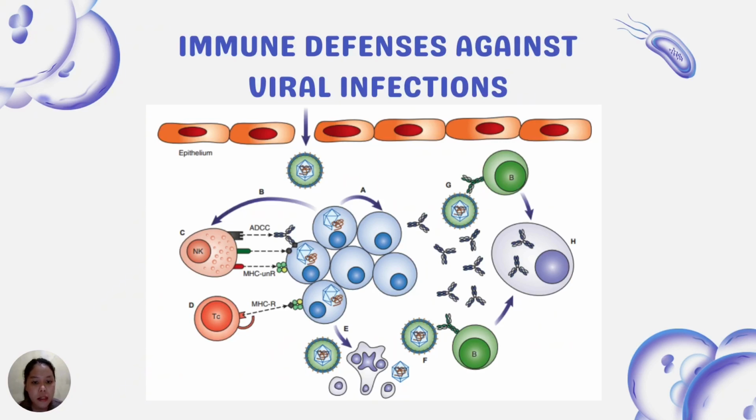Once ma-recognize ng B cells yung ating virions at magkaroon ng binding, mag-stimulate na yung ating antibody. At once ma-stimulate na yung production ng antibody natin, dun na mag-i-start yung neutralization, opsonization, complement activation, or ito nga yung process na to, ang tinatawag dito ay antibody-dependent cell-mediated cytotoxicity. And with that, yun na, mapapatay na yung virus na pumasok sa ating body.